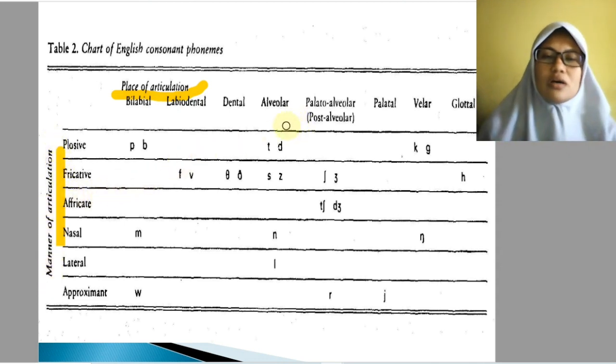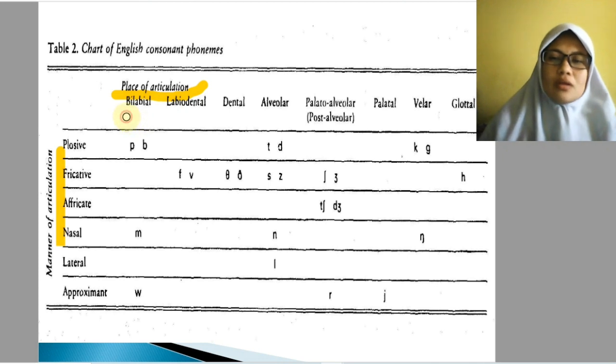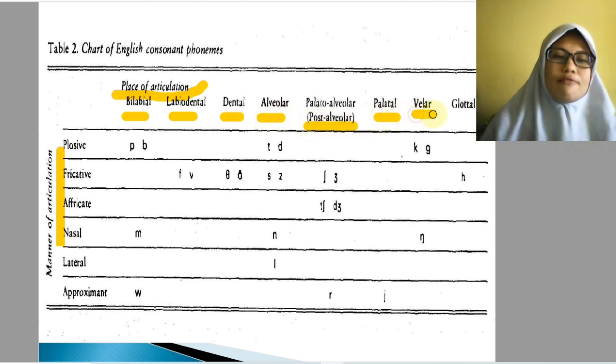So first, we come to the place of articulation. There is bilabial, labiodental, dental, alveolar, palato-alveolar, palatal, velar, and glottal.